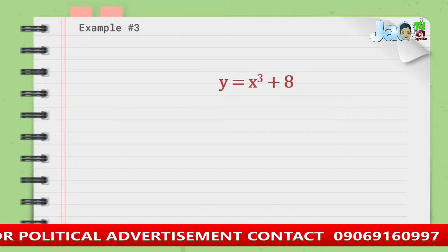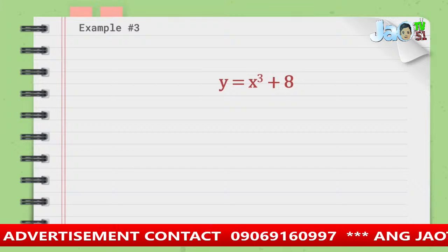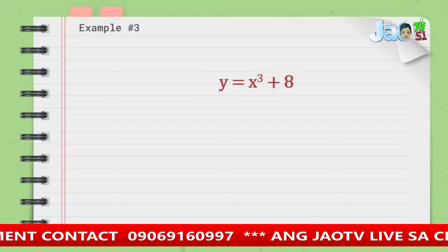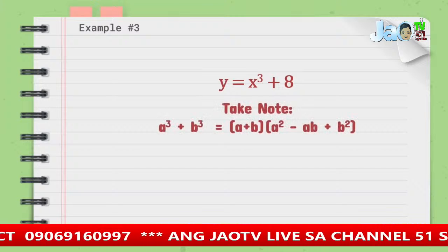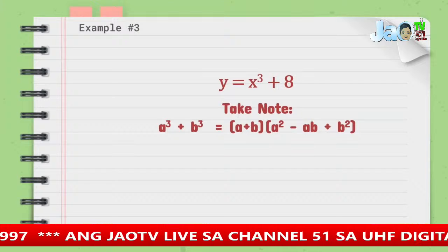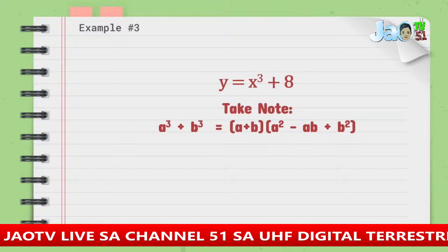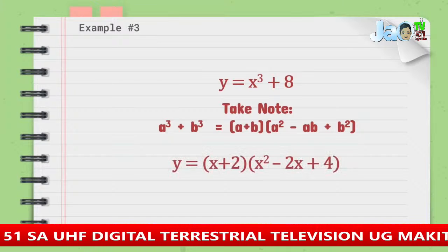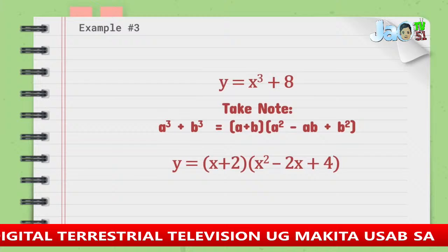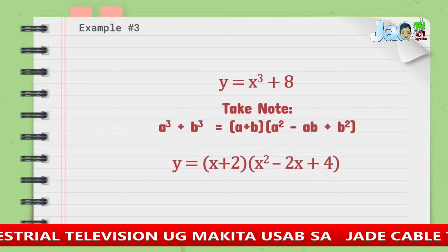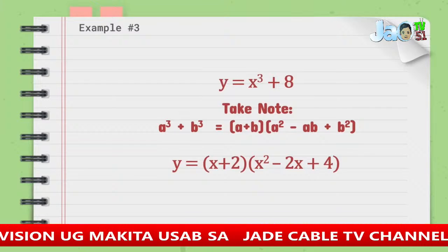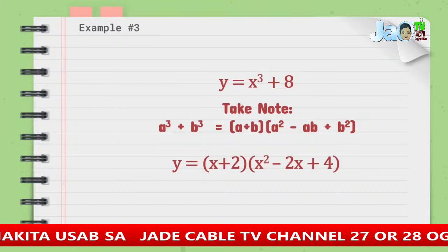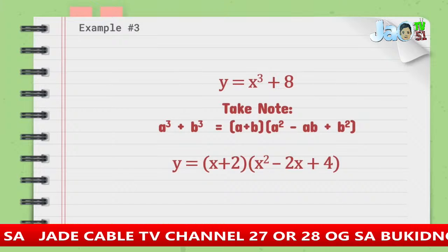Since this is an example of sum of cubes, use the techniques in factoring sum of cubes expressions. Hence, our factored form is y equals the quantity of x plus 2 times the quantity of x squared minus 2x plus 4.